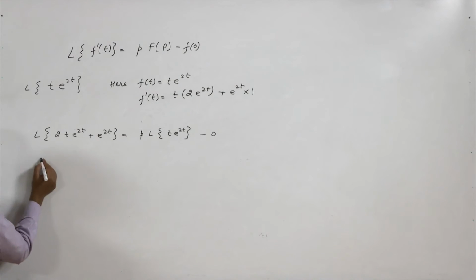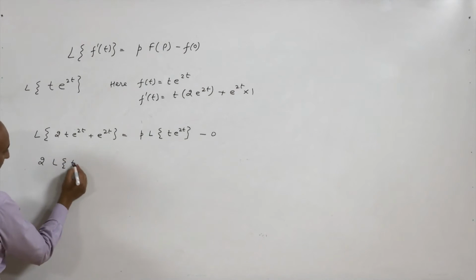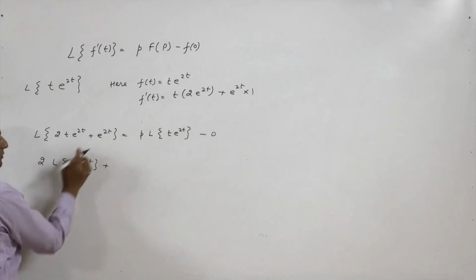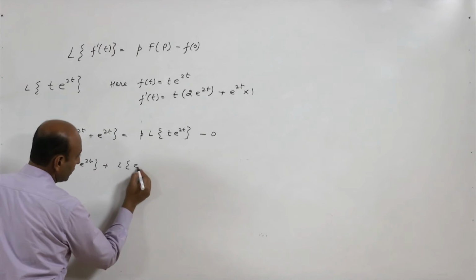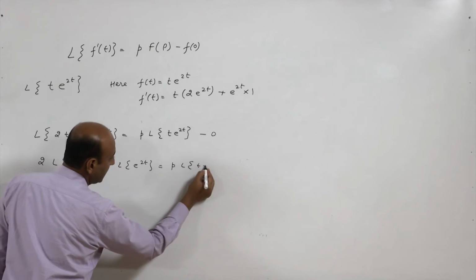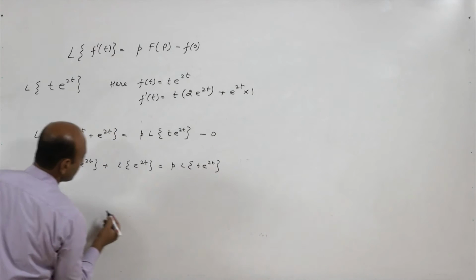So, it is nothing but 2 times Laplace of t e^(2t) plus Laplace of e^(2t) equal to p Laplace of t e^(2t).